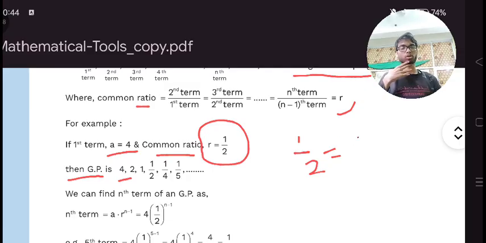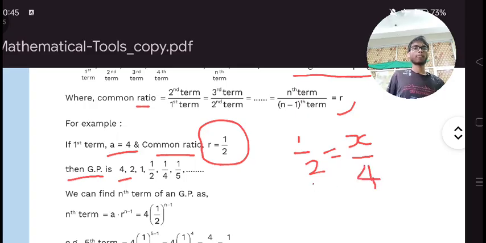First term it is talking about. So let's say this is x, and here this first is 4. So you can easily say that it will go over here, and x is coming as a 2. So x is nothing but just the second term.